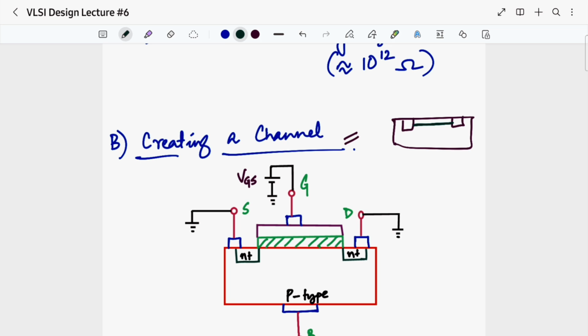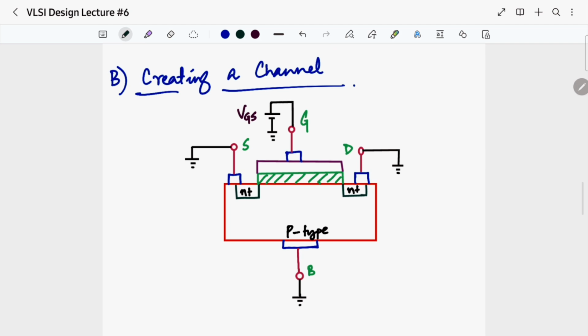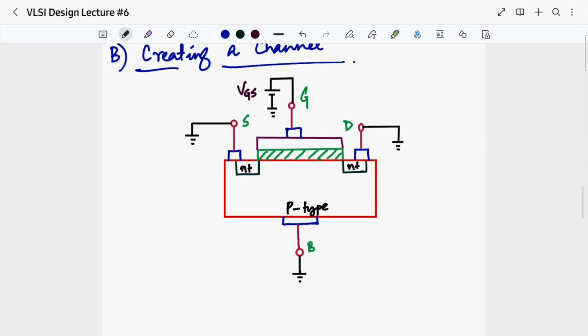You have to give a certain amount of voltage and comply with certain conditions, and then this channel will form. So it does not come pre-made inside the MOSFET. So how will we create a channel? Now in this diagram you can see that I have already drawn from the beginning.